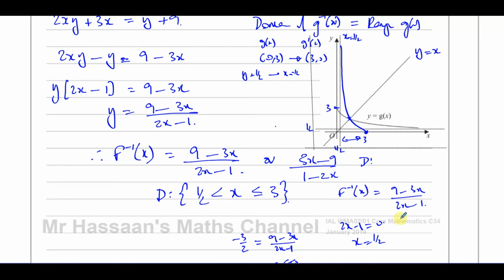You can see, for example, where this hits the y-axis and where it hits the x-axis. This hits the x-axis when y is 0. So if you do (9 minus 3x) over (2x minus 1) equals 0, you'll have 9 minus 3x equals 0. So 3x equals 9, so x equals 3.